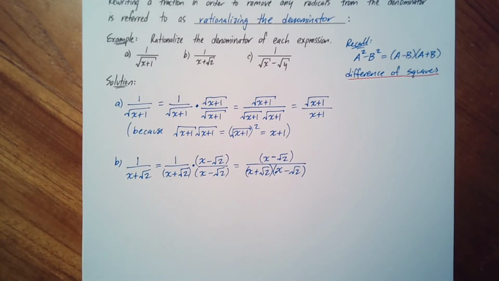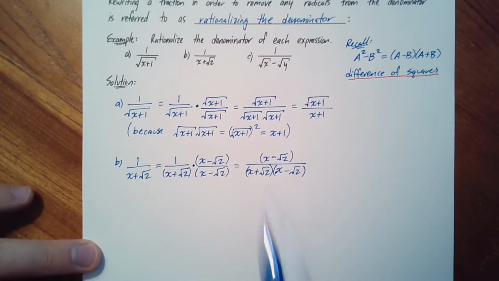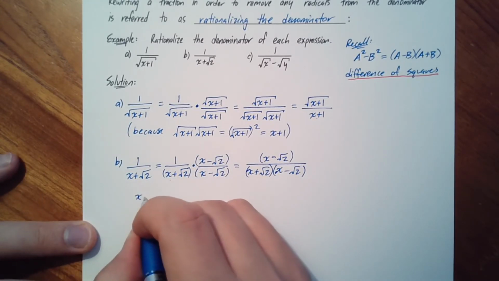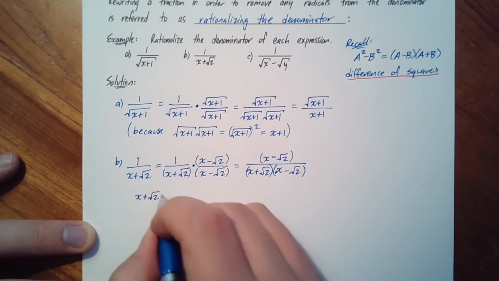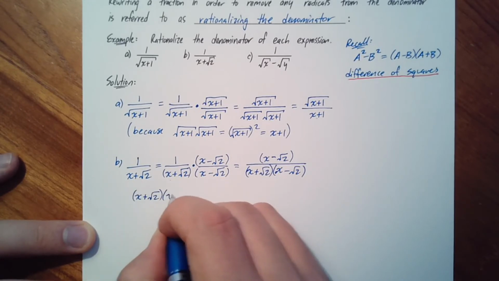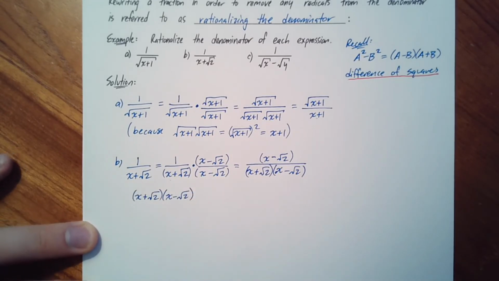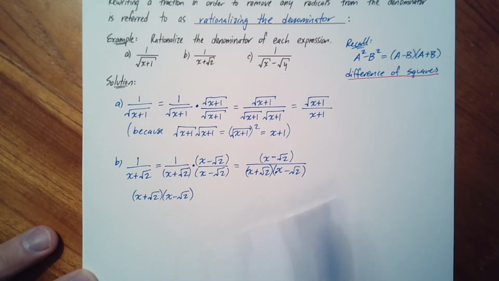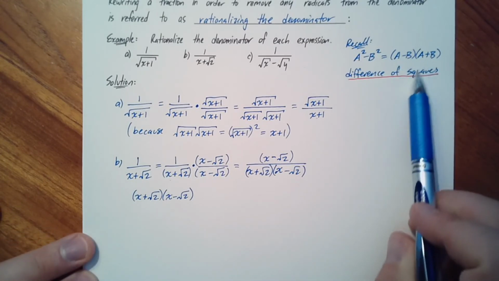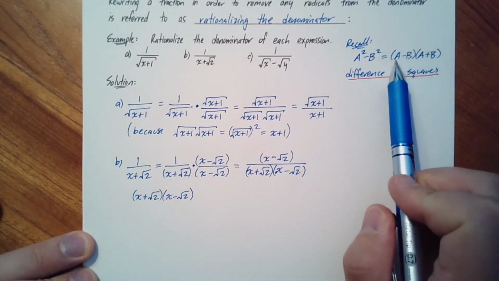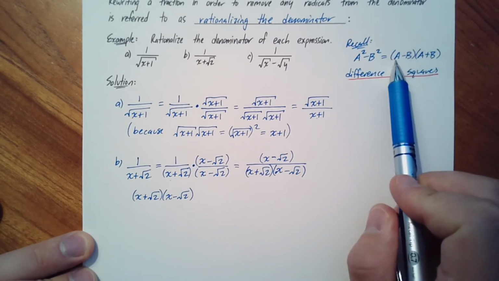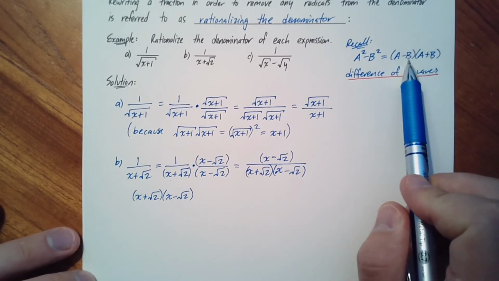Okay, now what's going to happen in the denominator? Well, if I want to draw your attention down here for a moment. If I have x plus root 2 times x minus root 2, that's what the denominator is. Let's apply the special factoring formula up here, the difference of squares. Think of this as the right-hand side of this equation where a is equal to x and b is equal to the square root of 2.